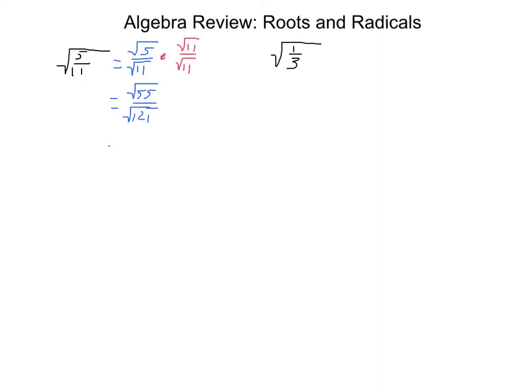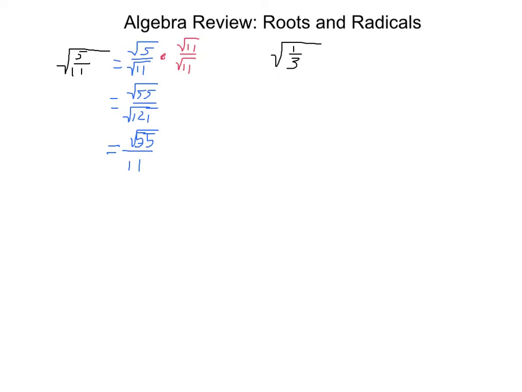Now square root of 55 we can't do anything with, so we leave it as is. But the square root of 121 we can work with, and we get 11. So square root of 5/11 simplifies into square root of 55 over 11.